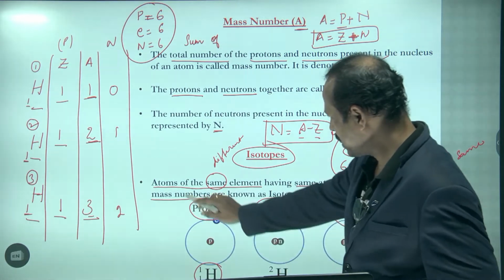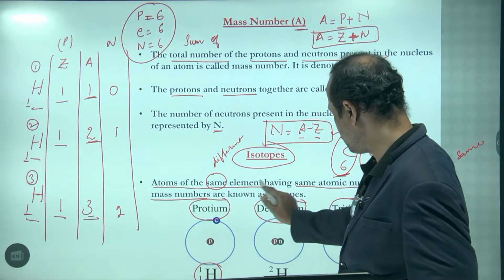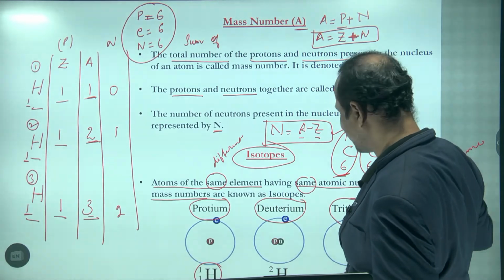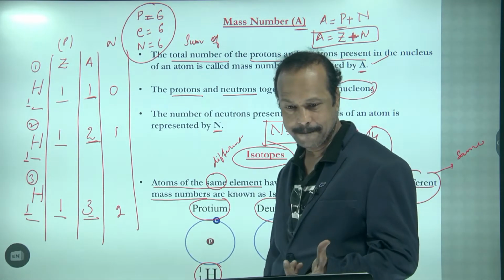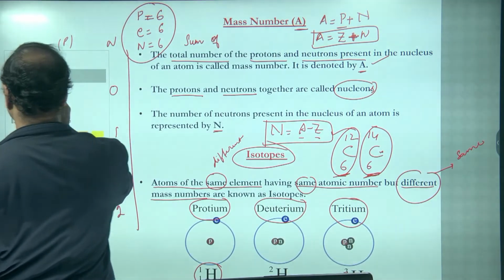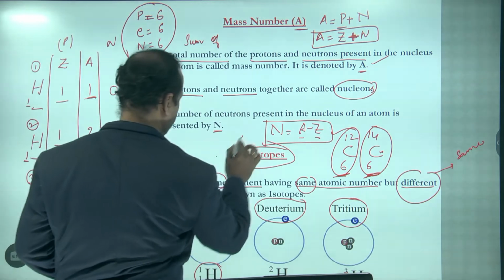So how can you define? Atoms of different elements having different atomic numbers but the same mass number are called isobars. Is this clear?